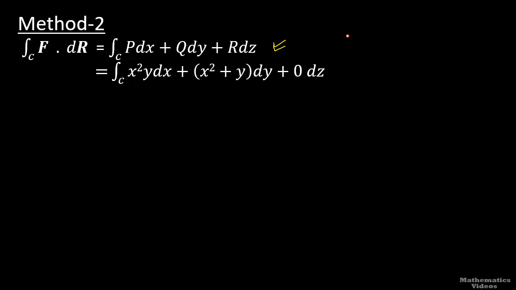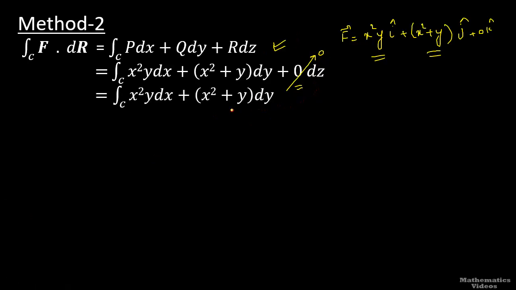Since the given vector field is f equal to x square y i unit vector plus x square plus y j unit vector, it means that p is equal to x square times y and q is equal to x square plus y. Okay, so put these values here, and similarly we have 0 times k unit vector, so r is 0. Okay, so therefore we have 0 here.